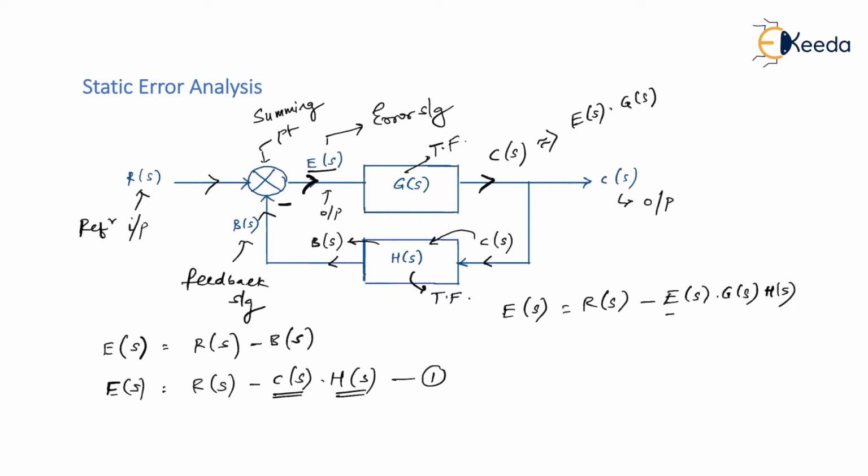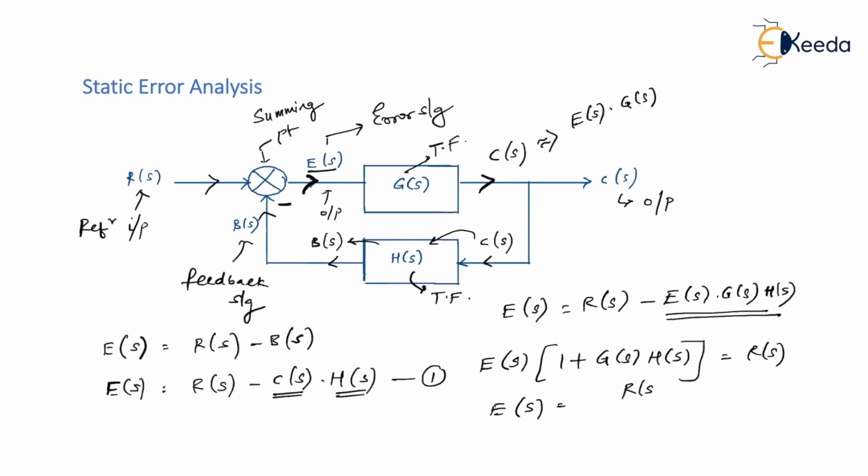So what I'll do is I'll take this term to left hand side and I'll take E of S common. What remains inside? It is 1 plus G of S H of S, which is equal to R of S. Or now I can say E of S is simply R of S whole divided by 1 plus G of S into H of S. Am I right? So this is nothing but E of S expression, okay?